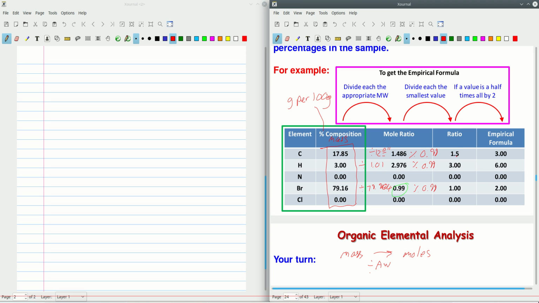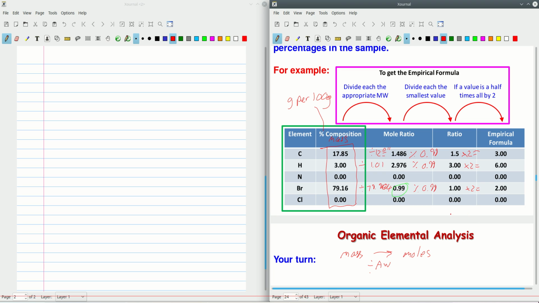In this column we want to get rid of 1.5, and the way we do that is times by 2. So we have to times this by 2 and times this by 2, which gives us a final ratio of 3 to 6 to 2.